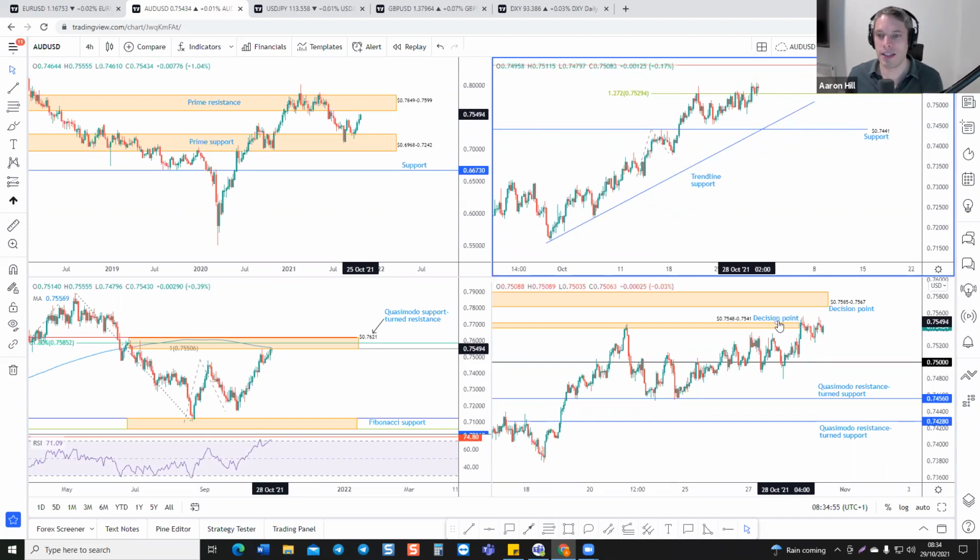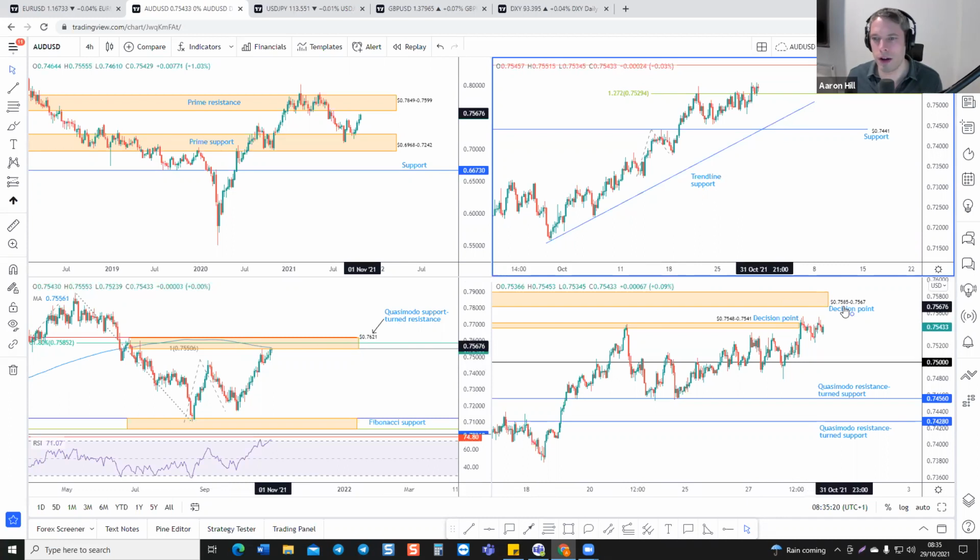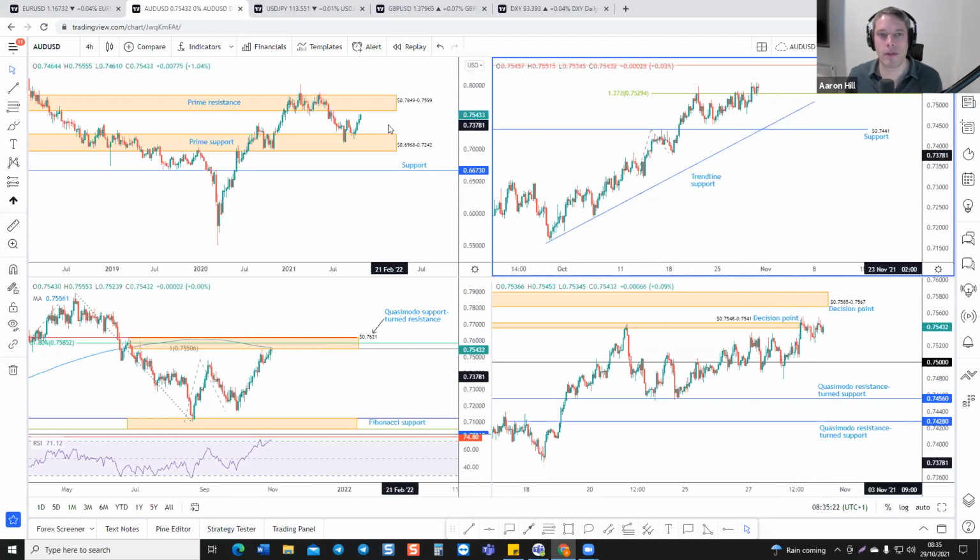Now, with the decision point on the H1 timeframe at 75.48, 75.41 being taken out in recent trading, we could see a move into this decision point at 75.85, 75.67 on the H1 timeframe, which interestingly resides within the daily time frame resistance. So do keep an eye on this Quasimodo resistance, and also this decision point at 75.85, 75.67, given we have room to move higher on the weekly time frame.